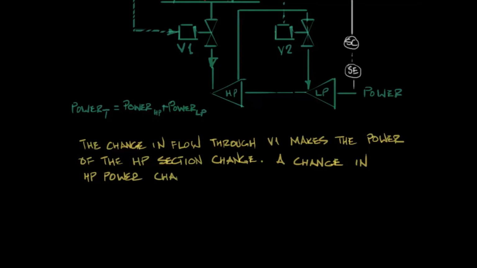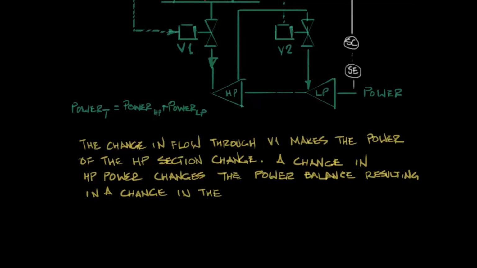So in this case where we said we had a change in flow through V1 because we had an imbalance in the inlet header pressure, we've got to make a move on V1 to get more steam through the machine, but that would upset the horsepower balance that we had and change the speed.